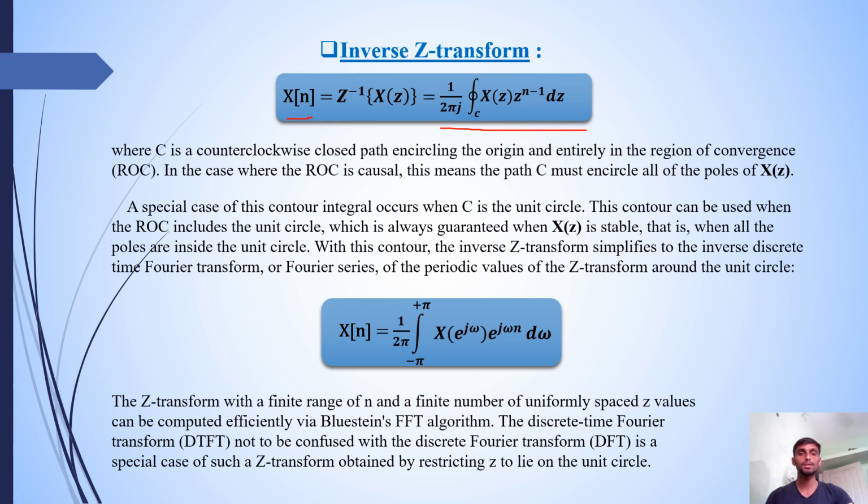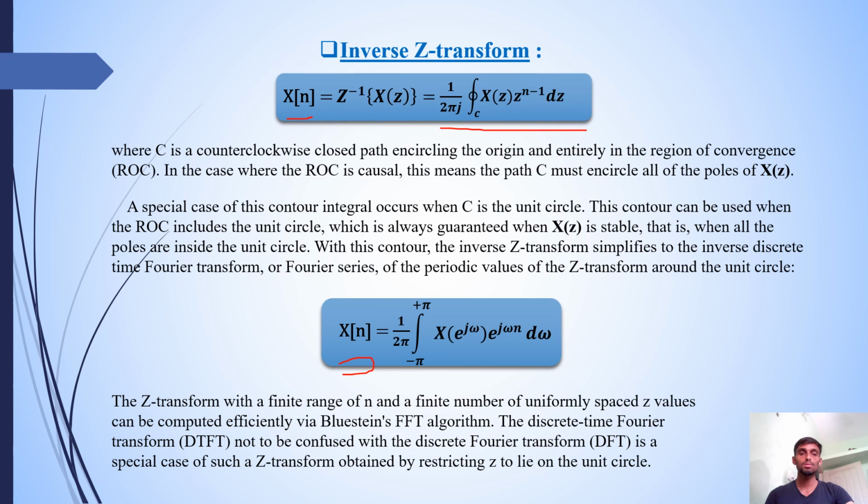With this contour, the inverse Z transform simplifies to the inverse discrete time Fourier transform, or Fourier series, of the periodic values of the Z transform around the unit circle. This is the formula: x of n is equal to 1 by 2 pi times the integral with limits from minus pi to pi of x of e power j omega into e power j omega n with respect to omega.